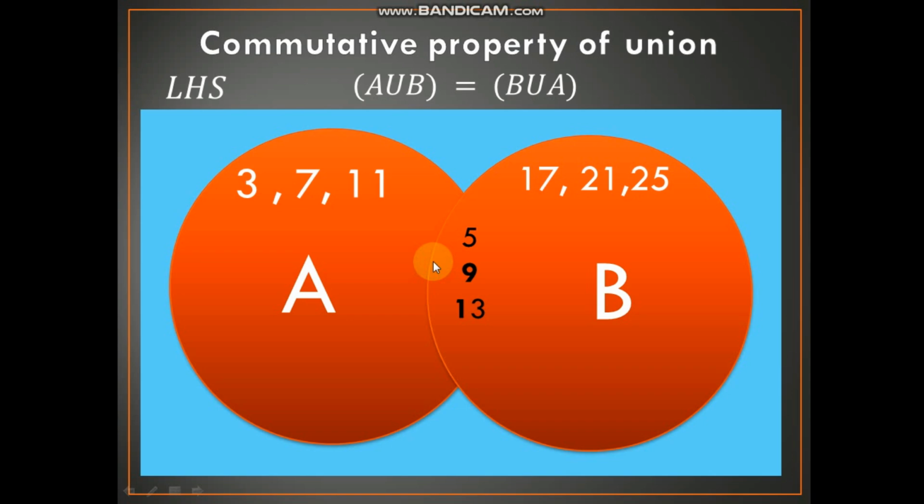So this red or orange area is our answer, A union B on the left hand side, because first is A, so first we write A, then B, and the union operation means all the elements of set A and B are covered in a union. So this area is our answer.